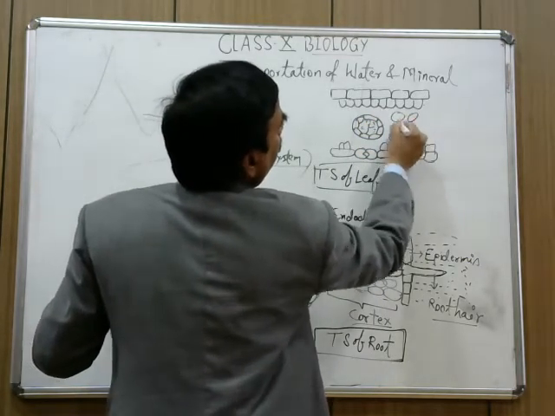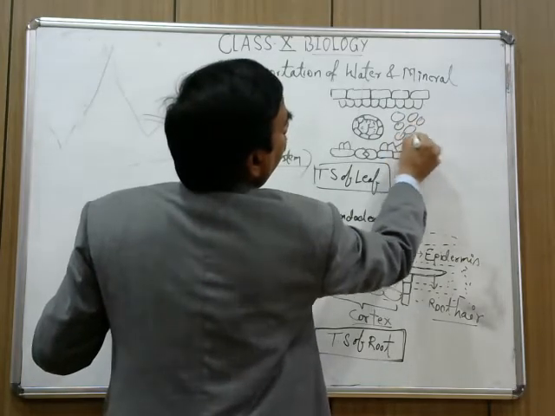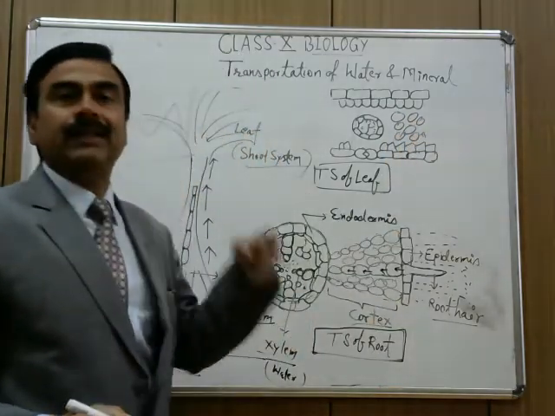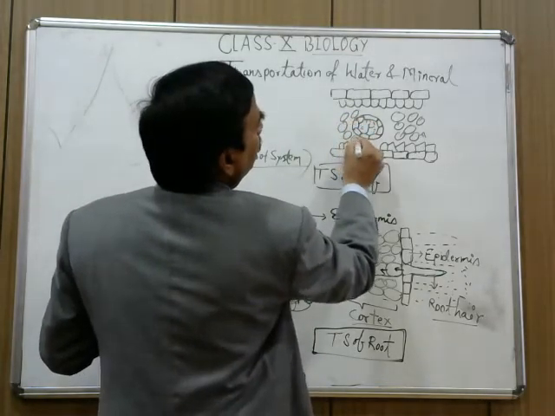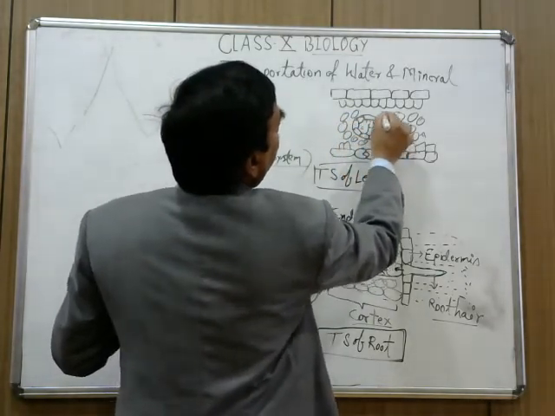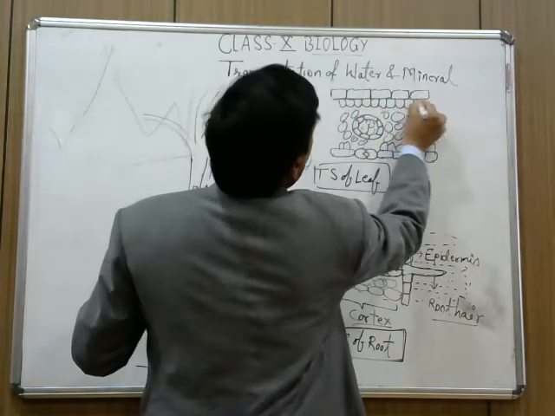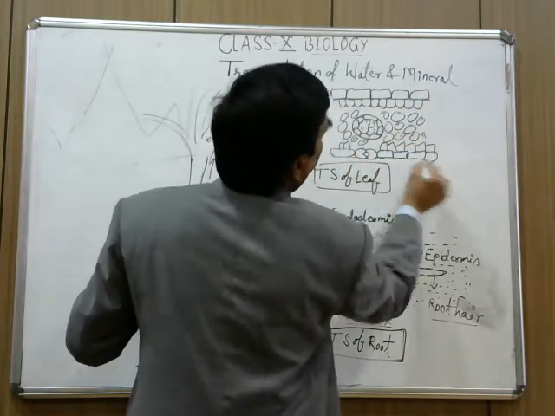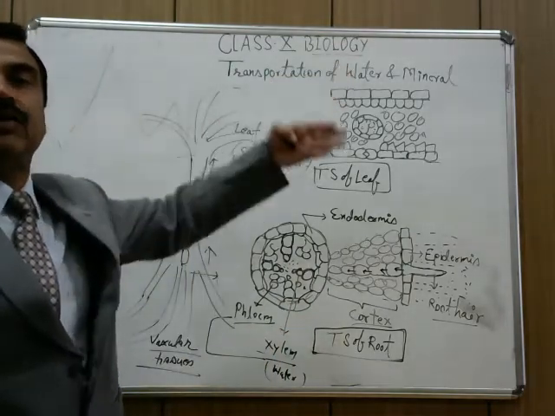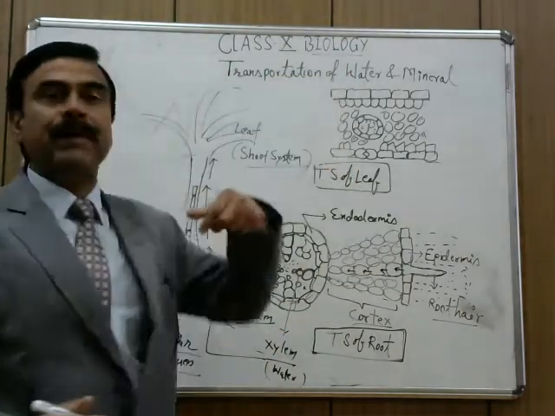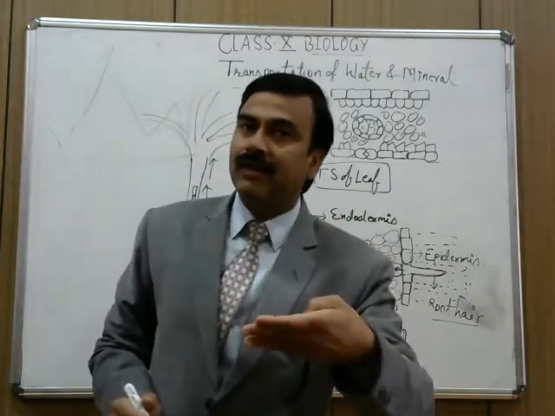So when we are going for the inner structure of the leaf, you should also notice in the leaf you will be getting two structures, upper side and lower side, and these are epidermis. Epidermis means skin.